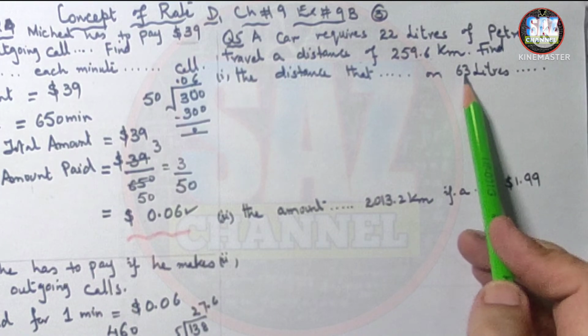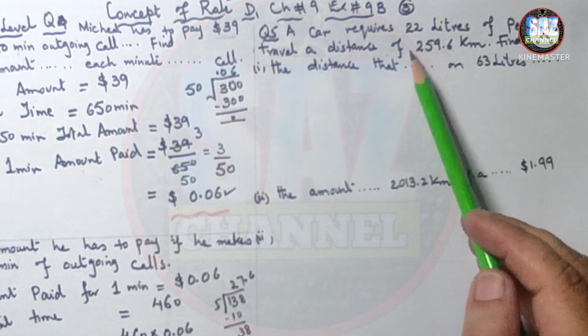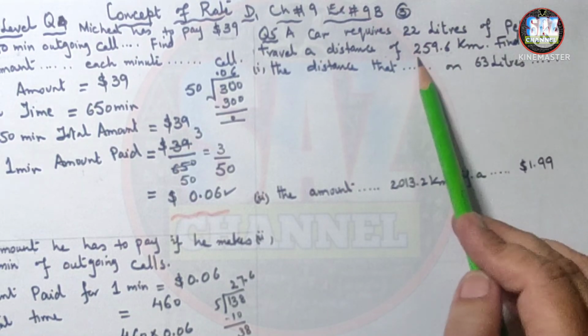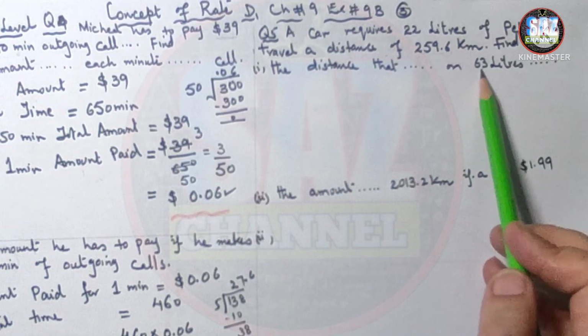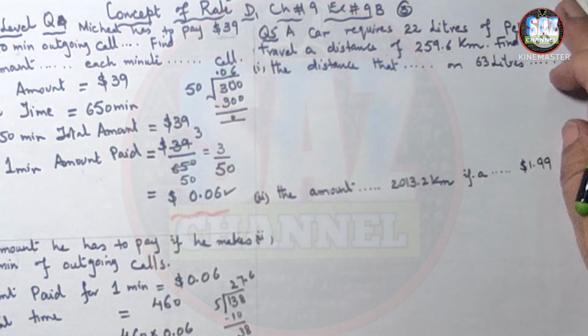So students, what we are going to do is find how much distance is covered with 1 liter, and then we'll apply the unitary method to find how much distance will be covered by 63 liters.